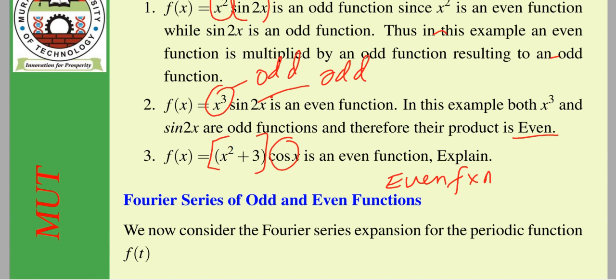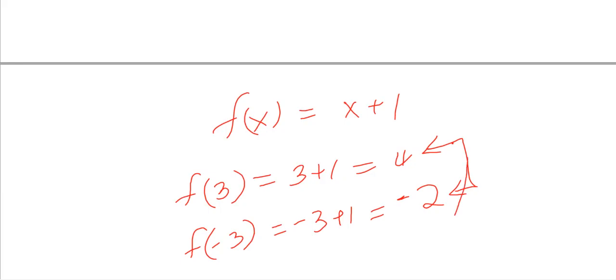Now, what we want to do is to find the Fourier series for odd and even functions. We want to consider the case where the function is odd.